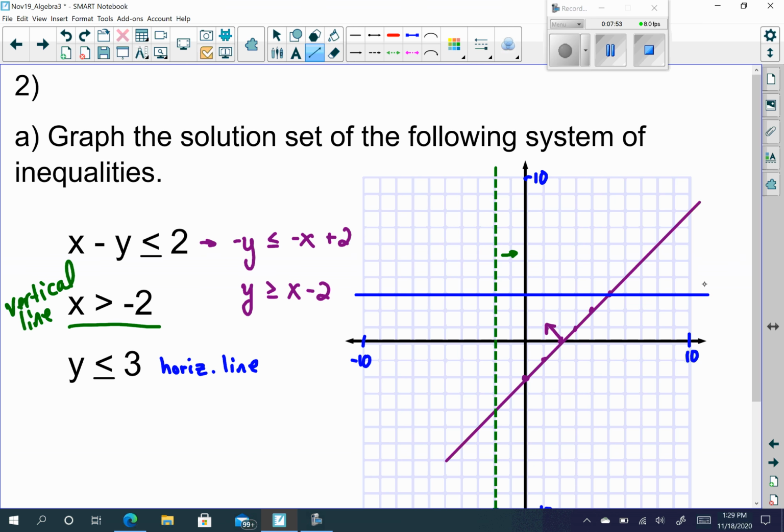So there's my y is less than or equal to 3. And we're going to be shading below. All right, so I need to shade below the blue line, above the purple line, and to the right of the green line. So that puts me, notice how they form a triangle, that should put me everywhere inside this triangle. That is my solution region.